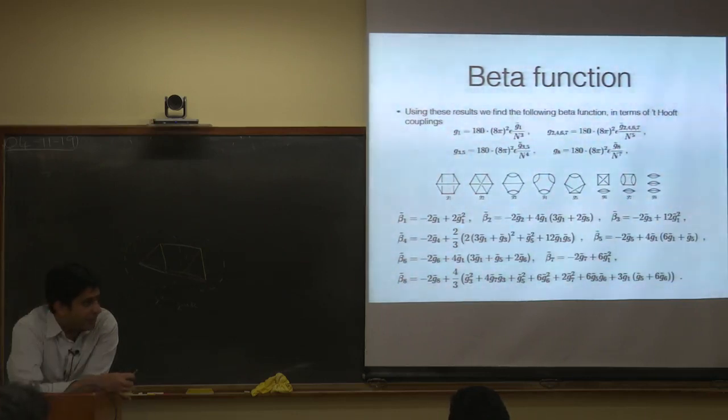Sorry, the first non-trivial, not all orders in n, just a 2 loop. Not 2 loop because it's sextic, so that's like 3 loop or something like that. But the first non-trivial correction to the beta function.